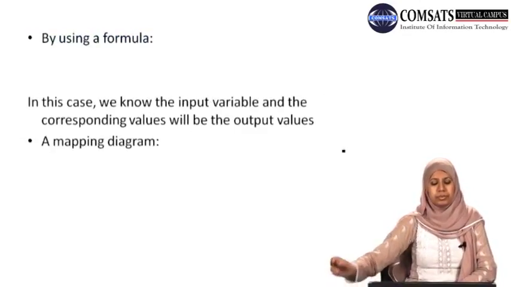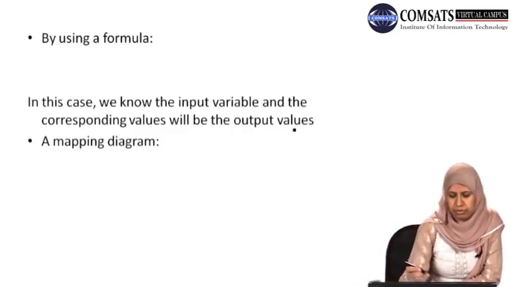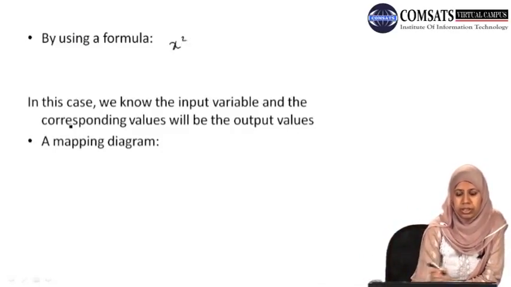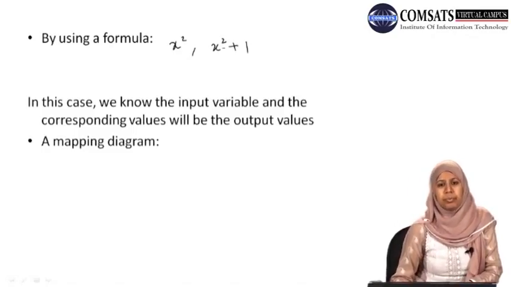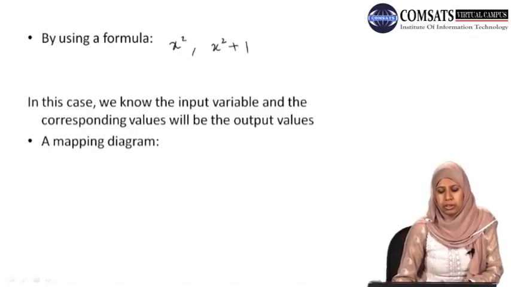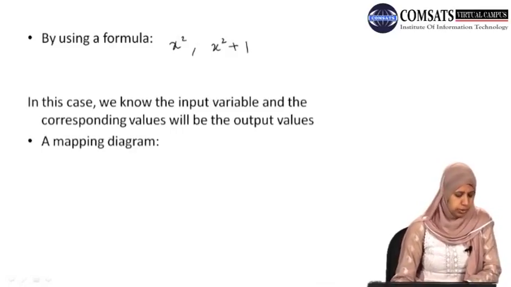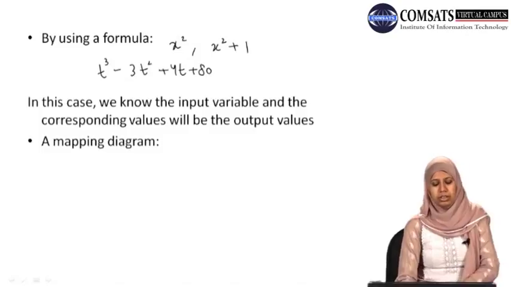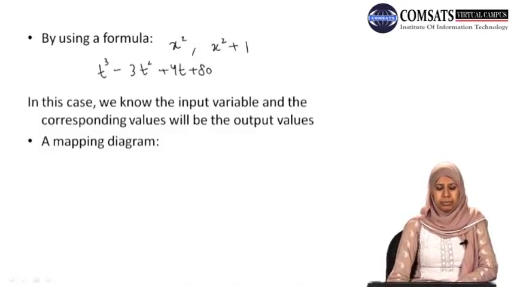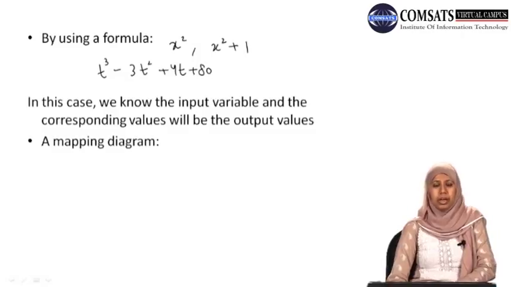The second option is by using a formula. For example, x square, in our previous example, x square plus 1. These formulas represent that for the set of inputs, the output is x square or x square plus 1, or simply t cube minus 3t square plus 4t plus 80. Now in this case we know the input variable and the corresponding values will be the output values.